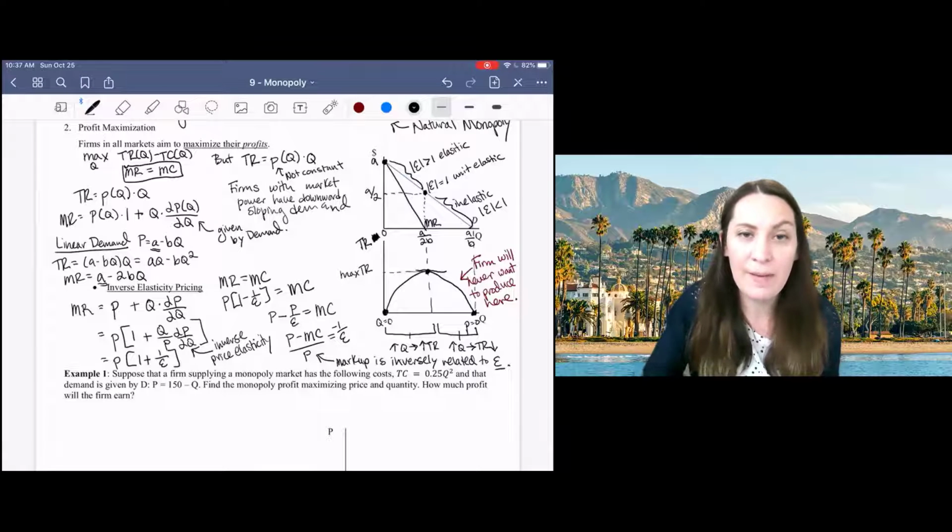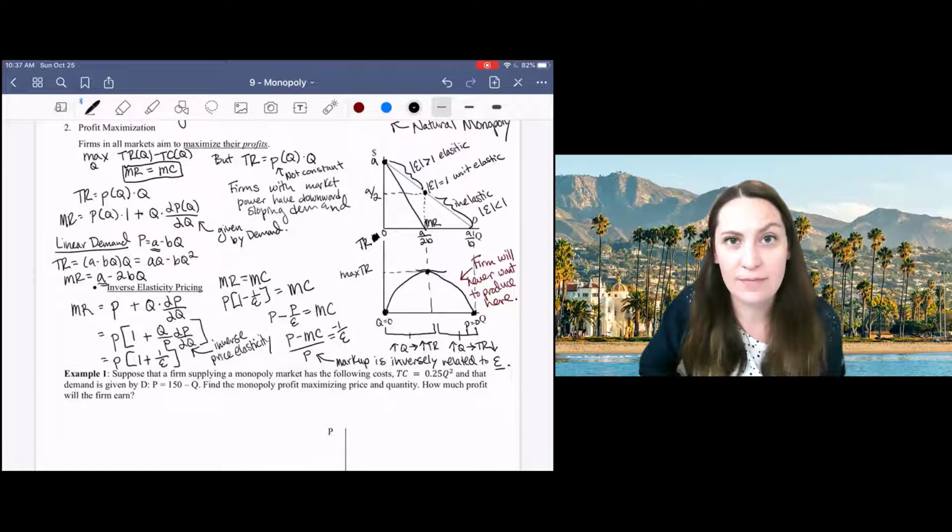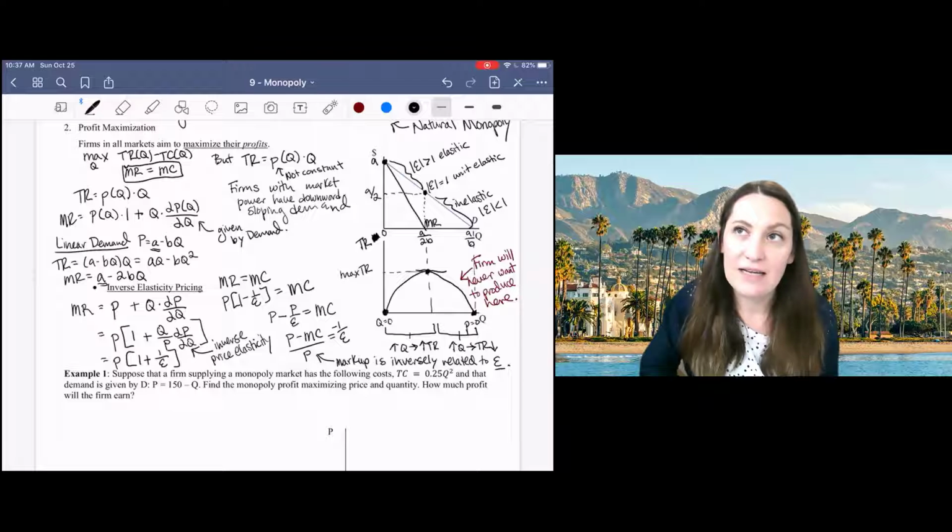Now, remember that one of the big determinants of price elasticity is the availability of substitutes. And so in some sense, we are trying to measure how competitive this market is, not in terms of how many direct competitors you have necessarily, but in how easily people can substitute away from your product to purchase other products.